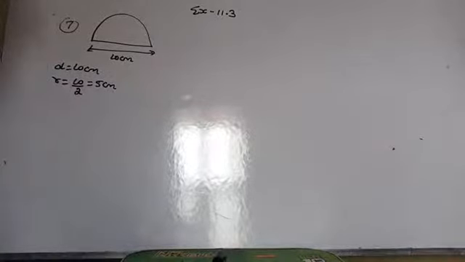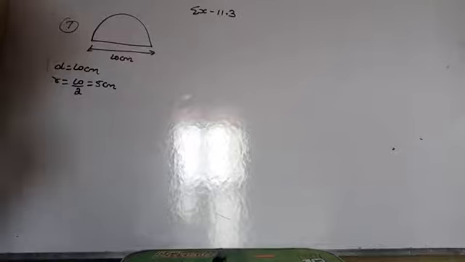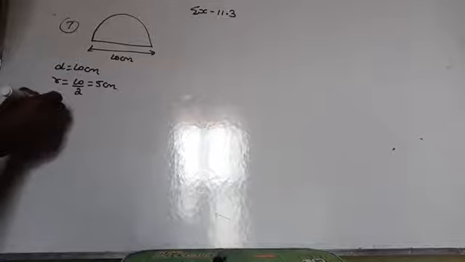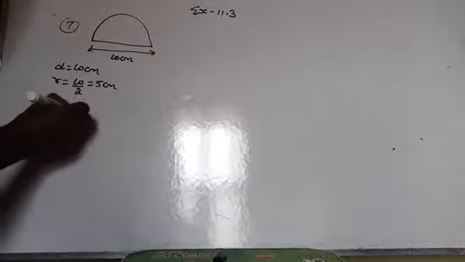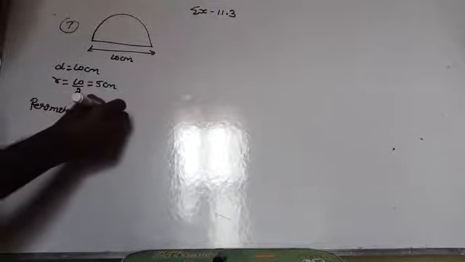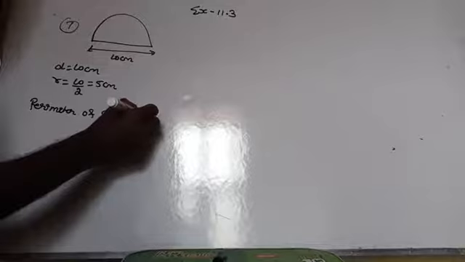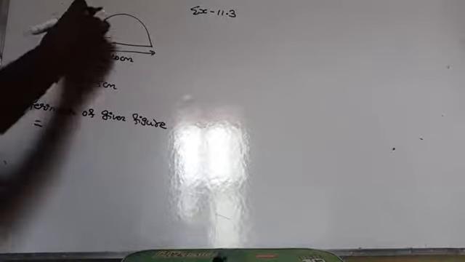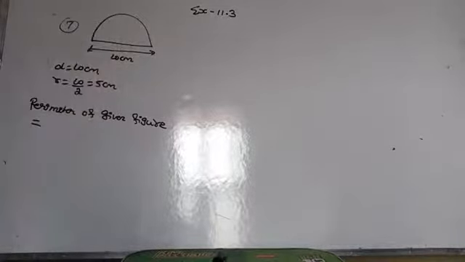Am I right? Now what you have to find is the perimeter of the given figure. So the perimeter of the given figure is equal to half of the circle, that is the circumference of the semicircle.